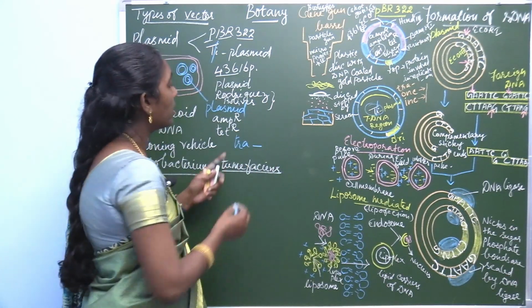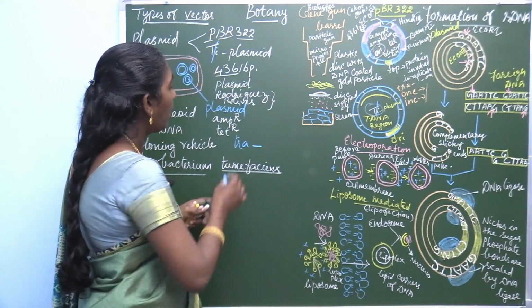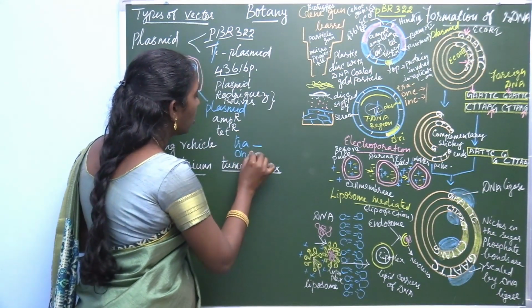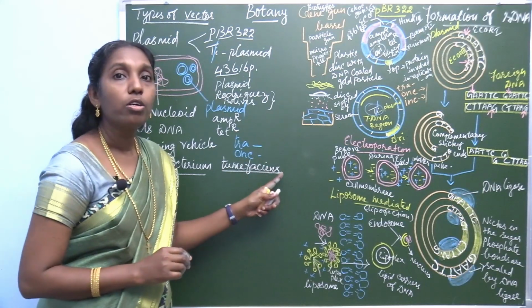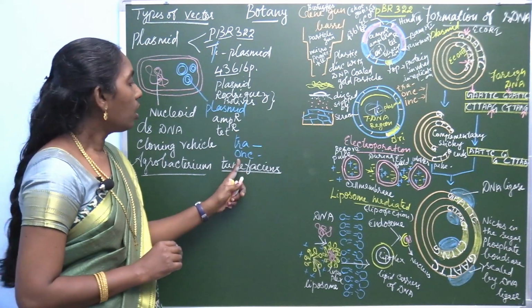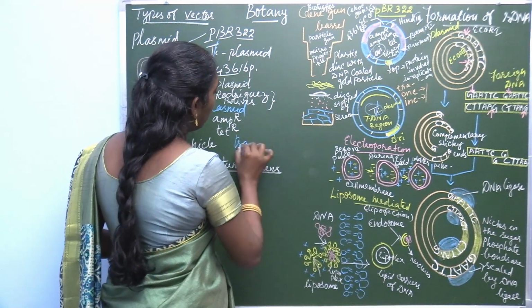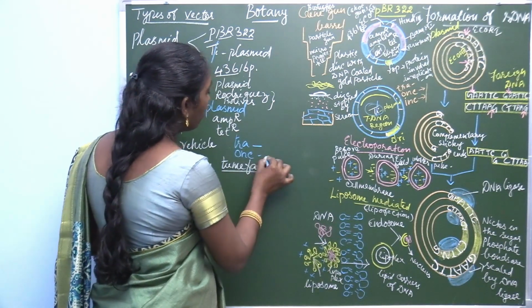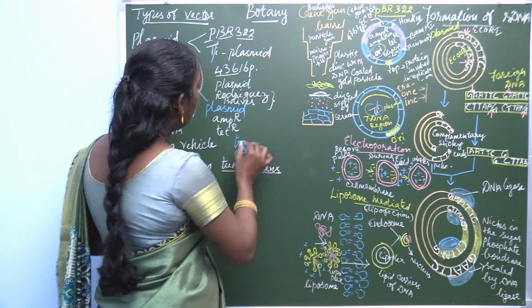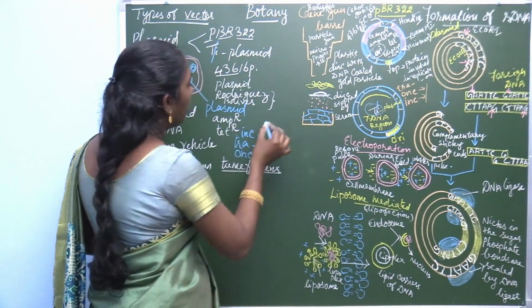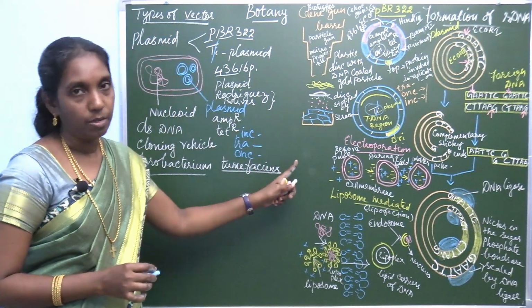So it possesses the tra gene and it consists of onc for oncogenicity. Onc represents oncogene. Tra is the transfer gene, and one more, inc, for incompatibility.